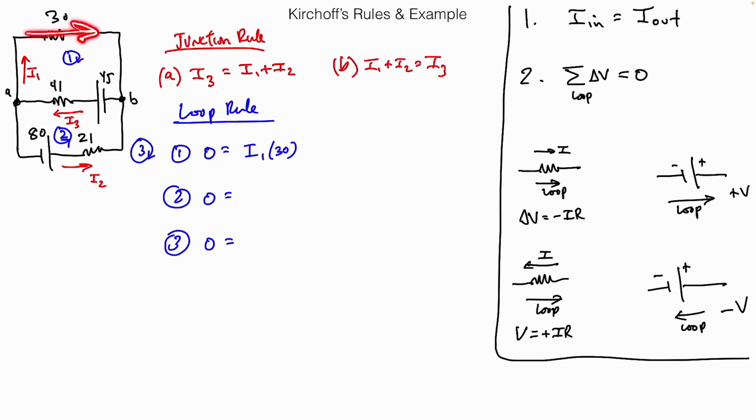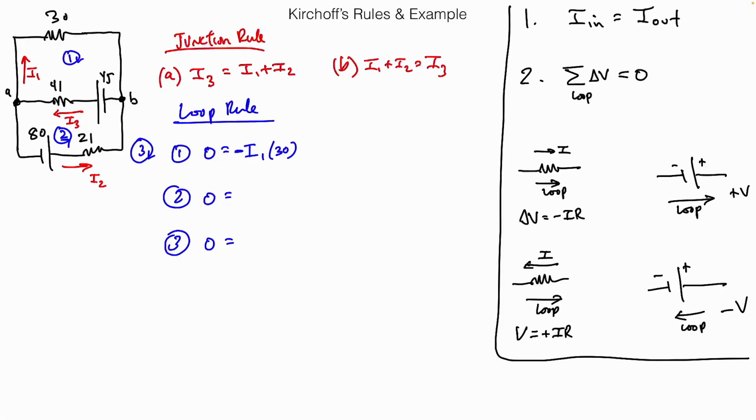We are going to the right or clockwise, aren't we? What direction is the current? Is it same or opposite? It's the same direction. So what are we going to write down? Negative sign. The convention is that if your loop direction and your current direction are in the same direction, you write down a negative sign. So I'm going to put a negative sign in front of that one.